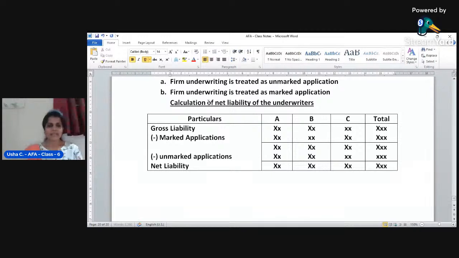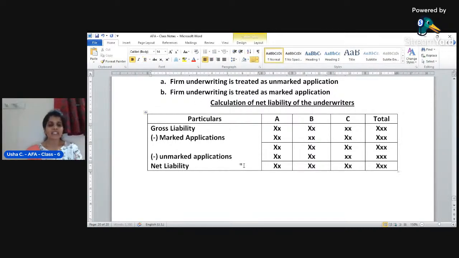Gross liability. Deduct marked applications. The balance you get, from that deduct unmarked applications, and the balance is called net liability. Like this we find, right?